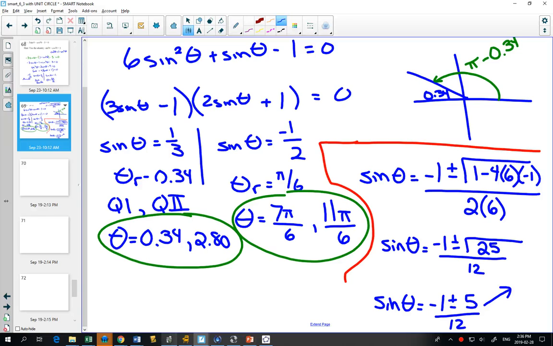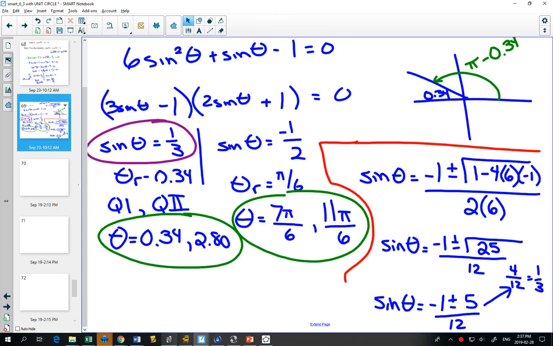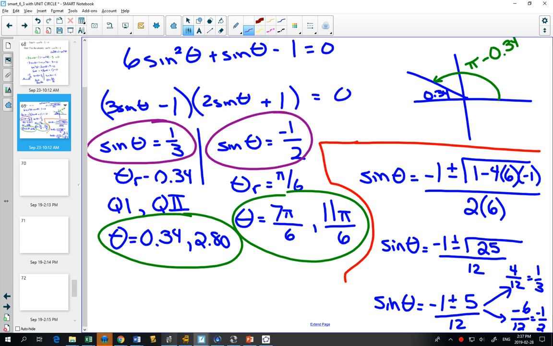Negative 1 plus 5 will be 4 over 12, which reduces to 1/3, which should make you realize that matches up with this one. And if you subtracted 5, you would get negative 6 over 12, which reduces to negative 1 over 2, which matches with that one.